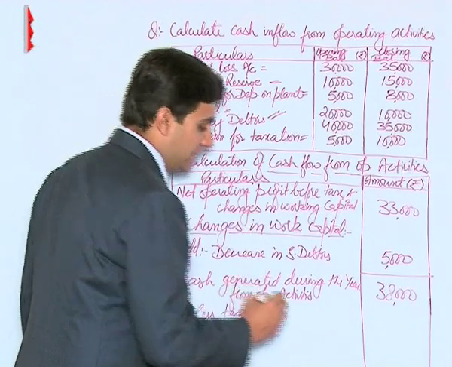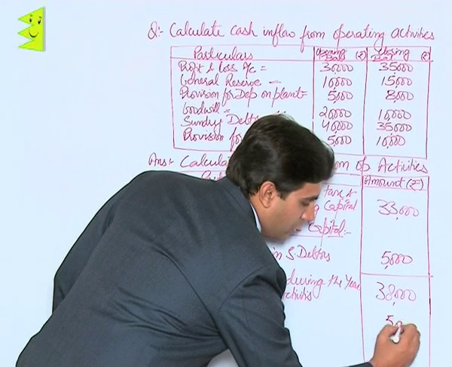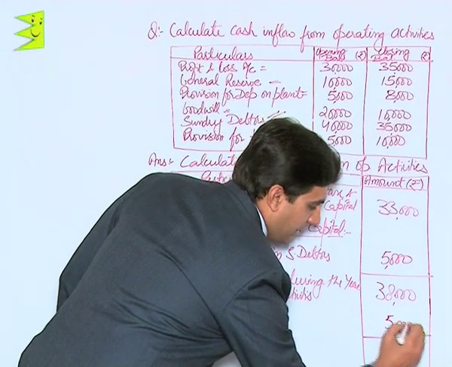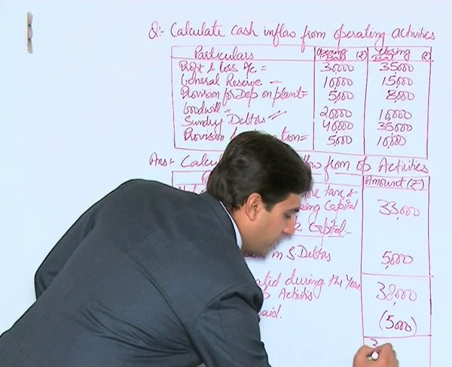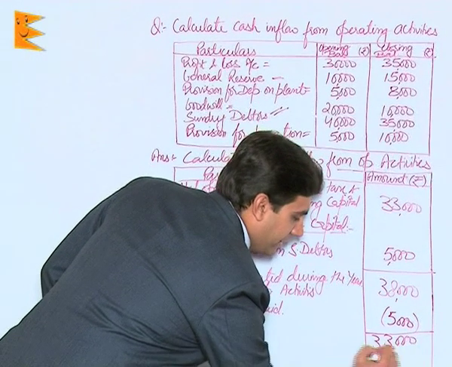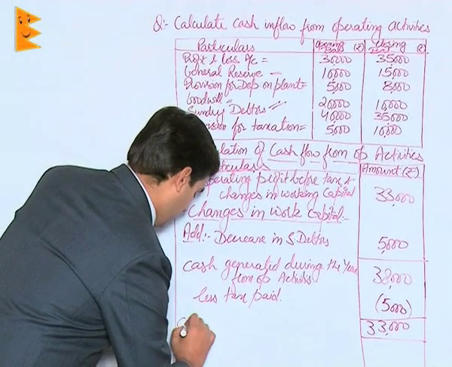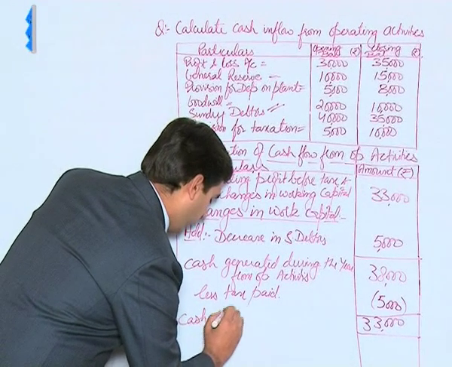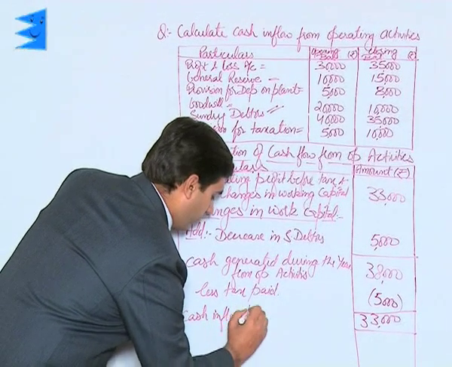So this 5,000 is assumed to be paid off. So 5,000 deducted, 33,000 is the final figure that we get. It represents cash inflow from operations.